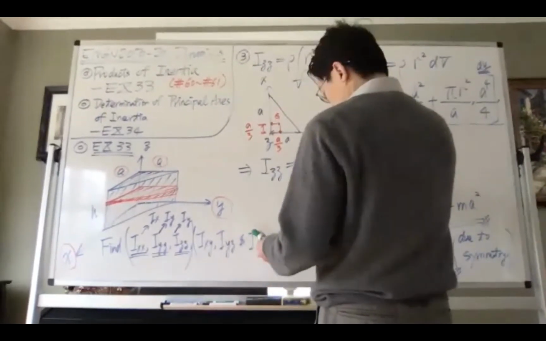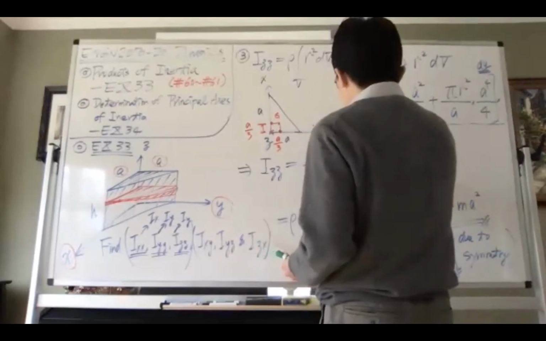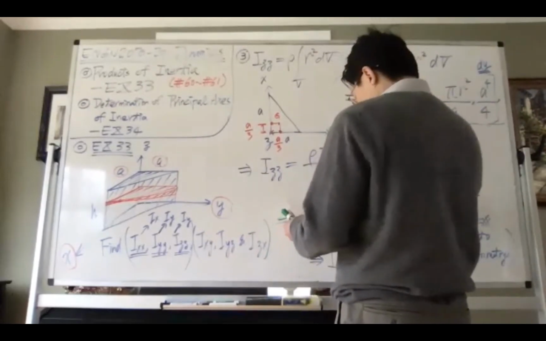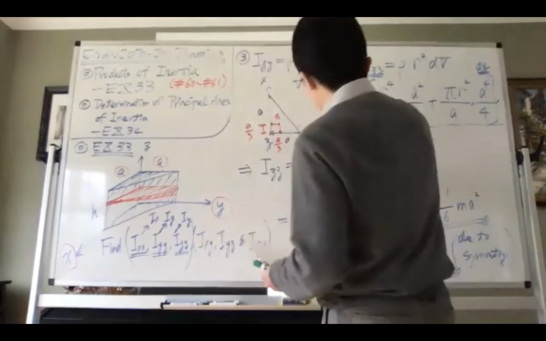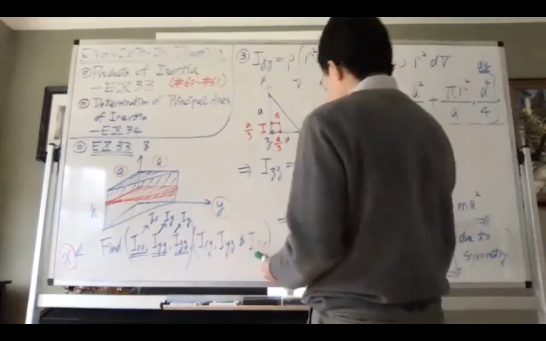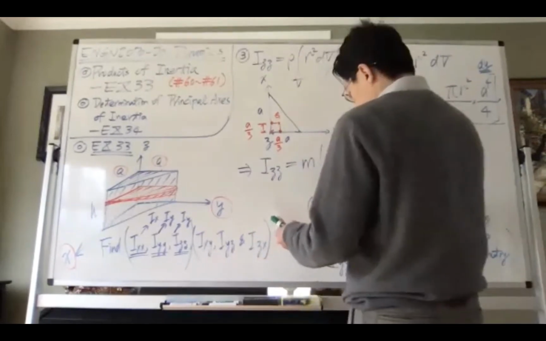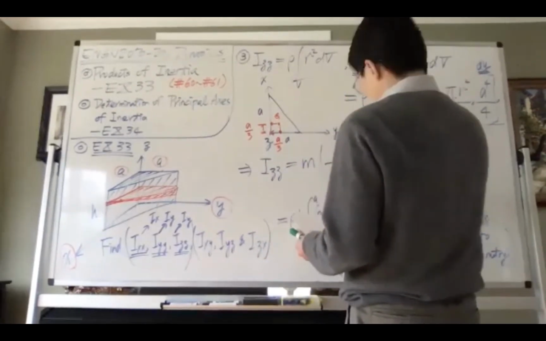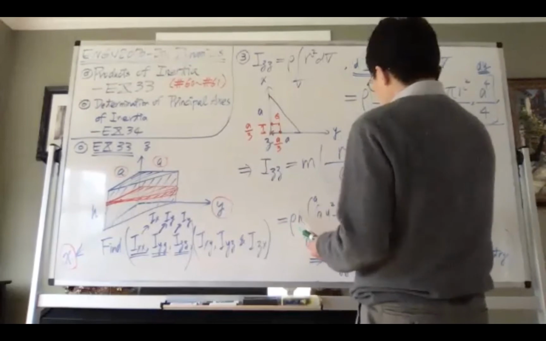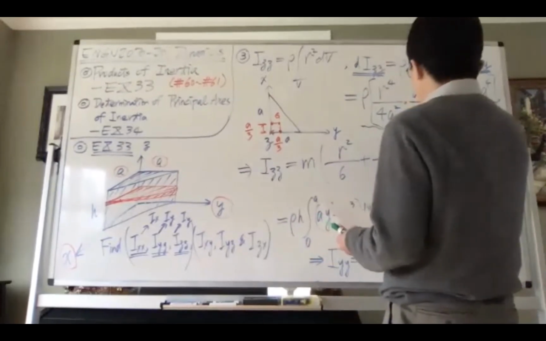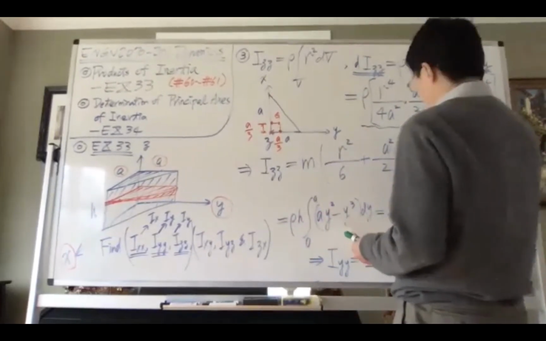It's rho times pi times a times, actually plugging z, this becomes total mass times r squared over 6 plus a squared over 2.